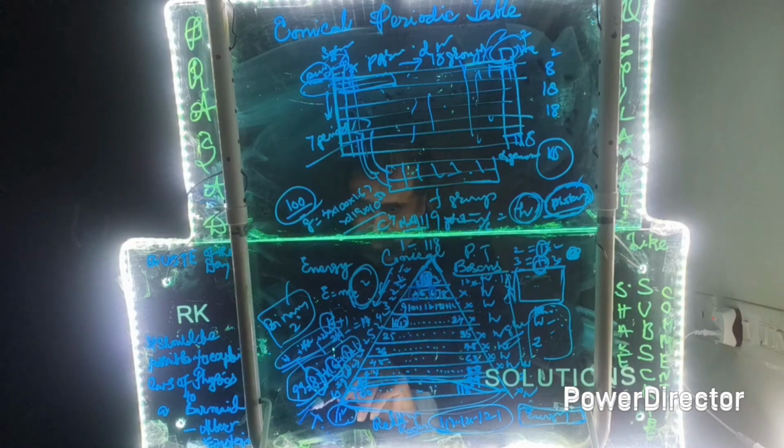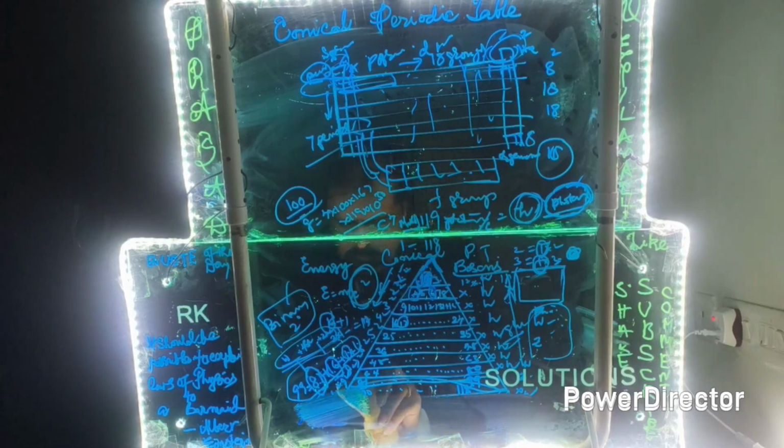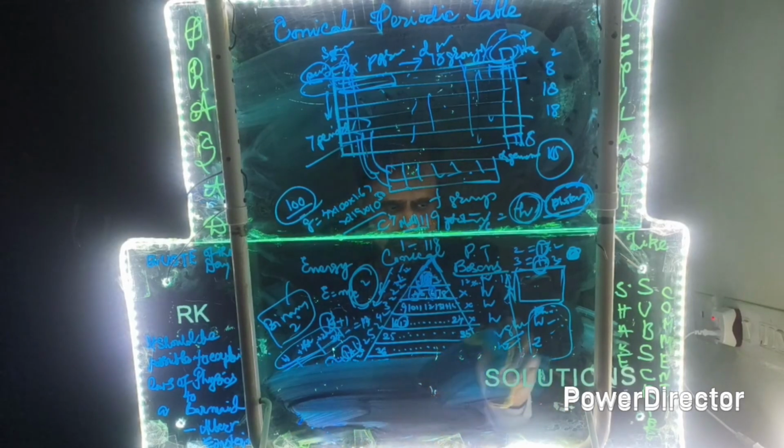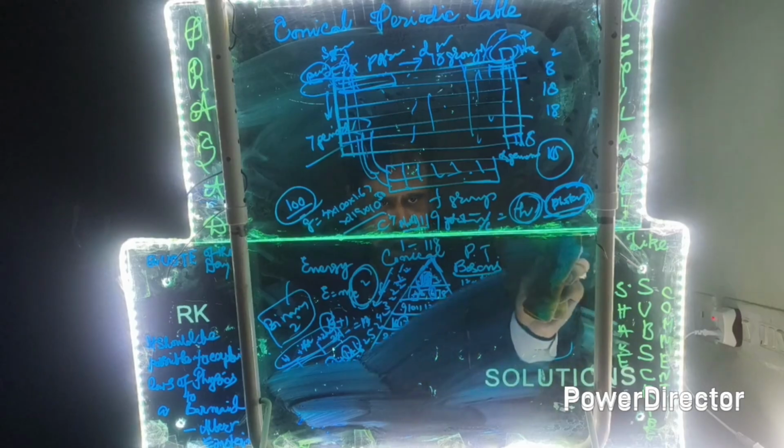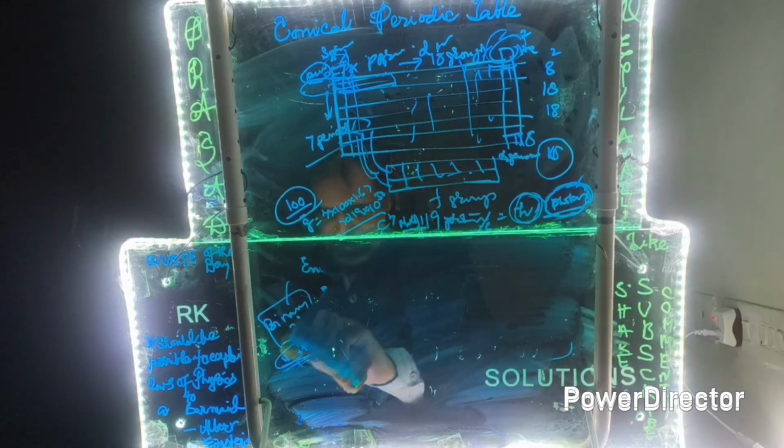Very simple way of coming up with energy of the elements. So that I call a canonical periodic table, which will be very useful for us, I think, and that will naturally have repercussions on other things, right?